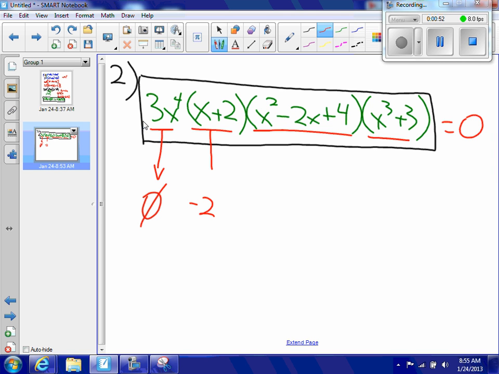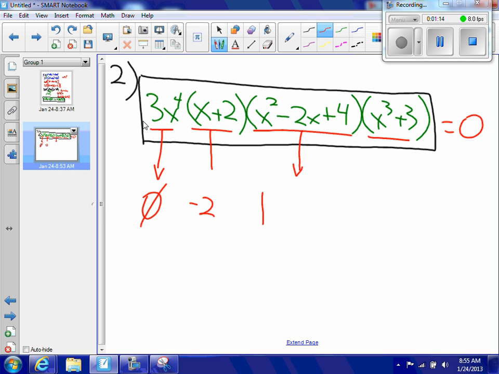Now, this one here, I don't know what a 0 is going to be for that. I know it's certainly not factorable in the normal sense of the word. So what I did was I said, well, what's the discriminant? The discriminant, as you recall, is the part under the radical sign in the quadratic formula.